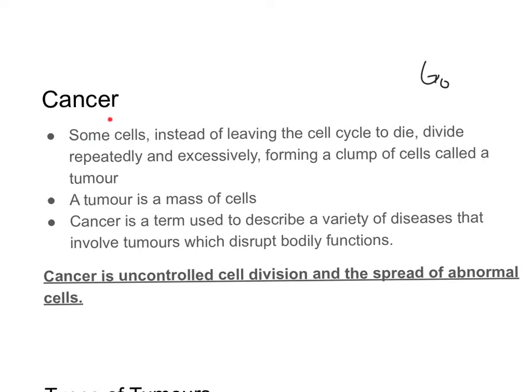Unfortunately, some cells, instead of leaving the cell cycle to die or go into cell cycle arrest, they'll divide repeatedly and excessively, and this repeated division forms a clump of cells, which you may know as a tumor. So a tumor basically is just defining a mass of cells. It doesn't sort of describe whether this tumor is bad or good, it's just a mass of cells.